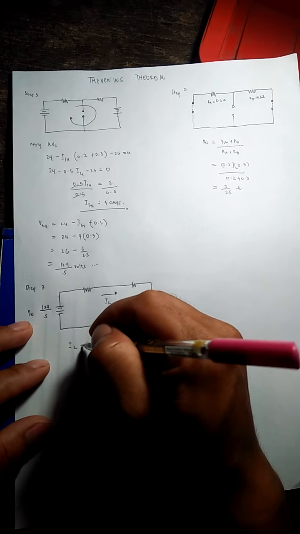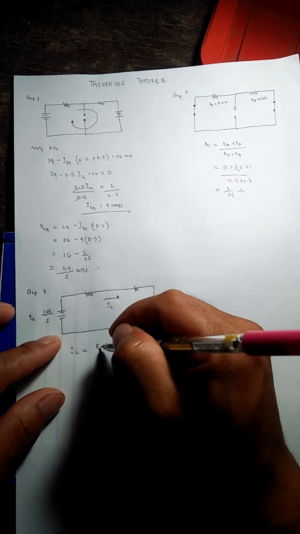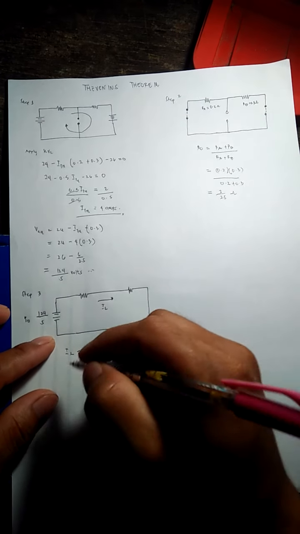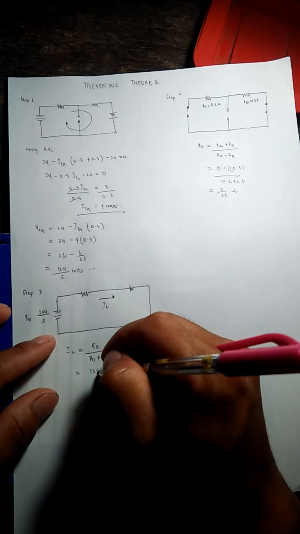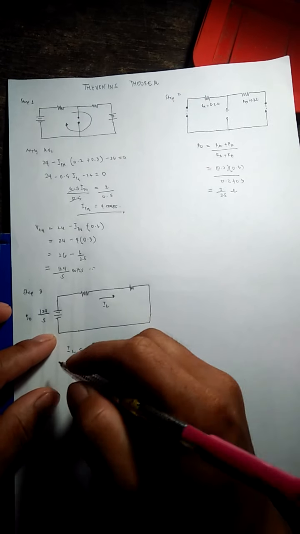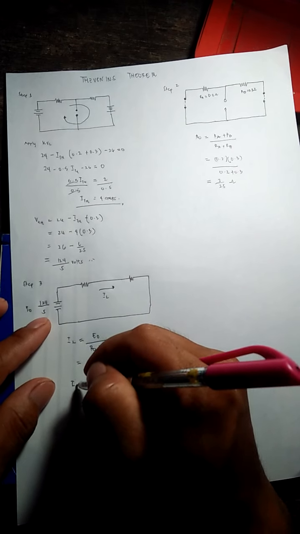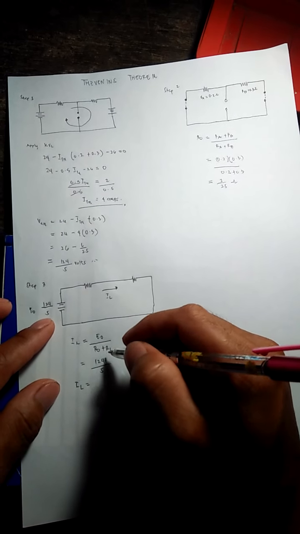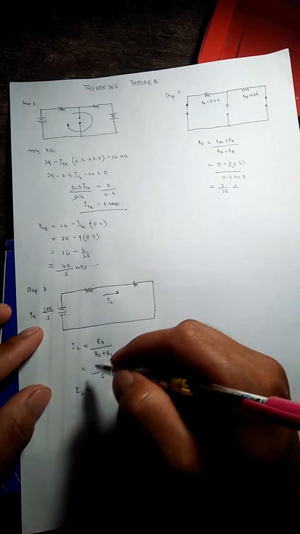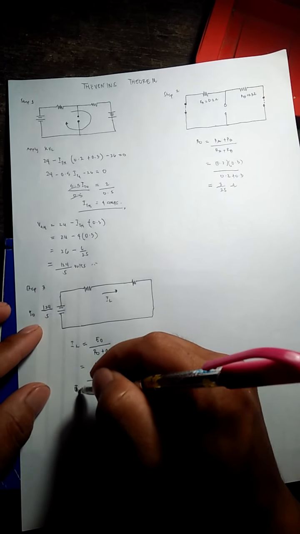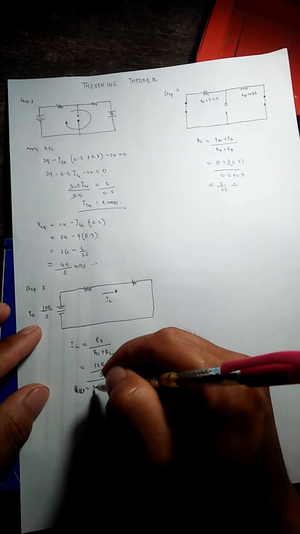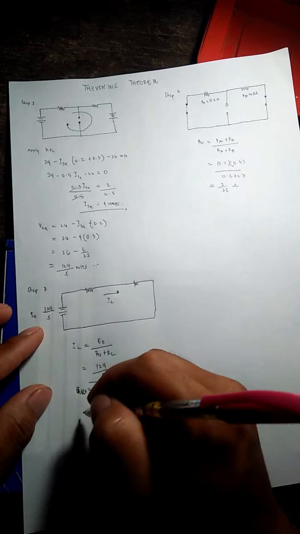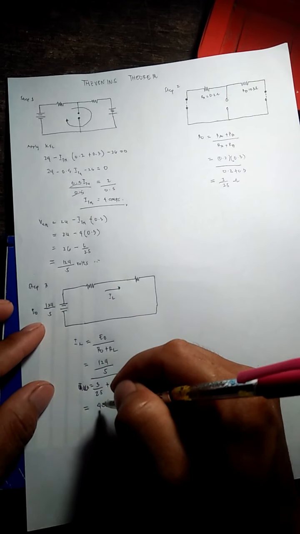So we can now have our IL by EO over RO plus RL, which is equal to 124 over 5 over 3 over 25 plus 0.5. So IL is 40 ampere.